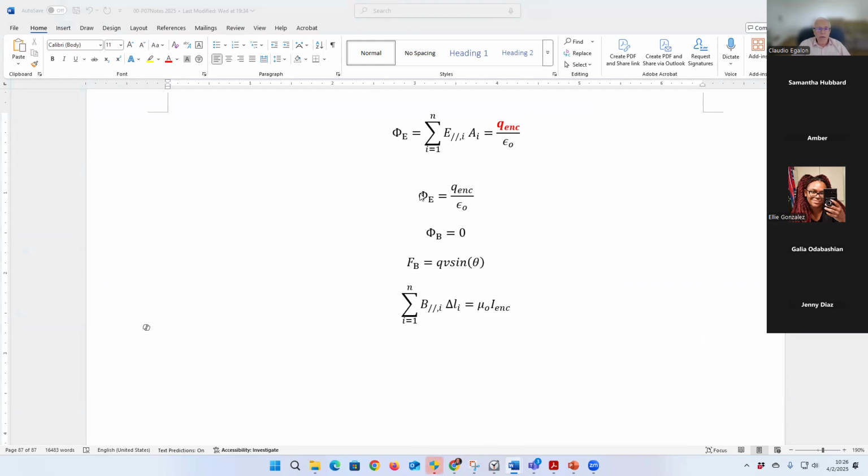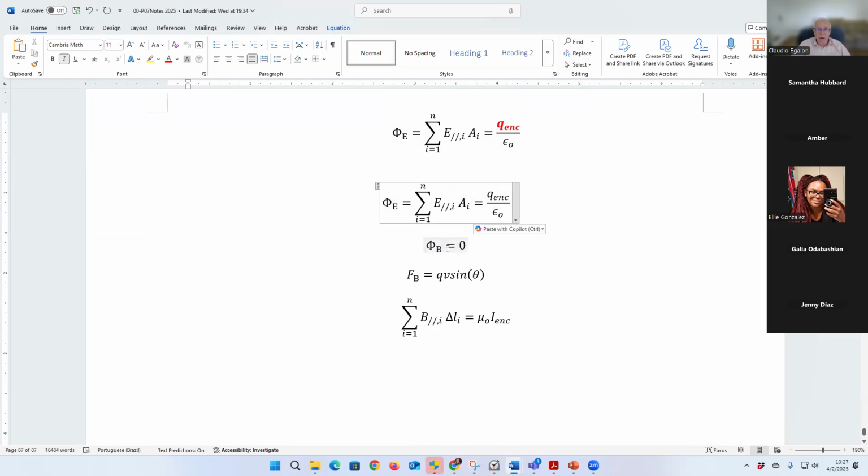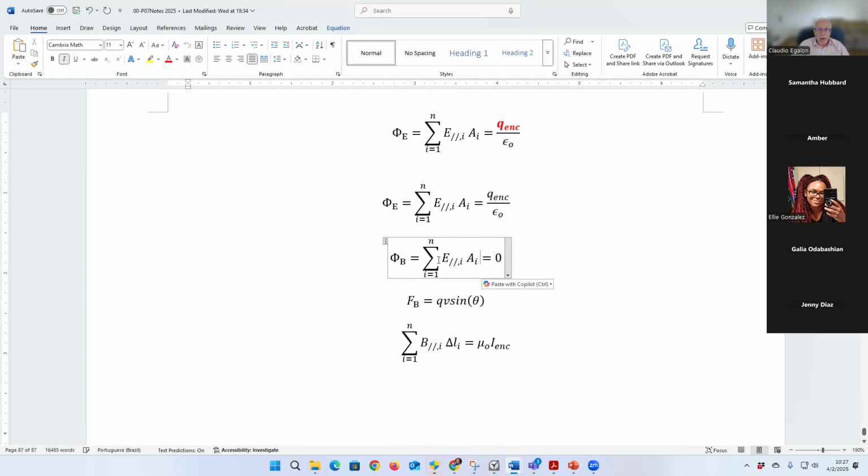What you see right here is the flux: we have the magnetic flux and the electric flux. The electric flux is this one here. The magnetic flux is this one here. What we have here is the magnetic field parallel to the area vector, here is the electric field parallel to the area vector, and here is the magnetic field parallel to the direction of the loop that encloses the current.